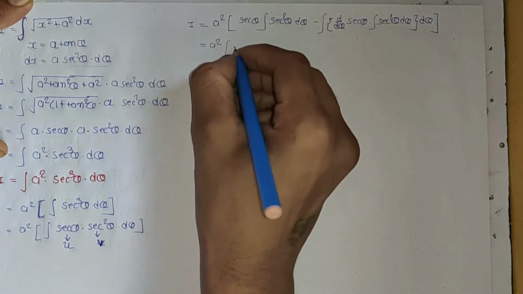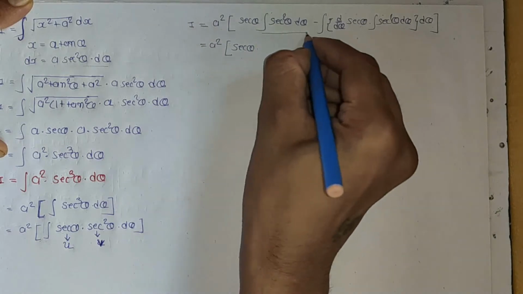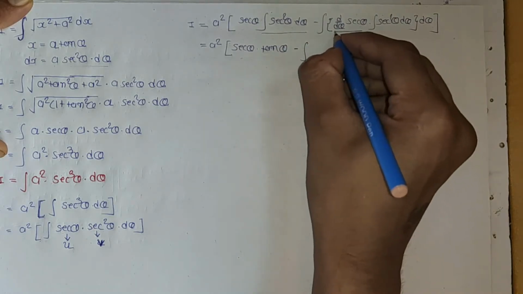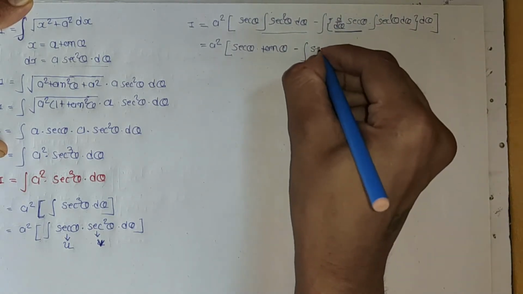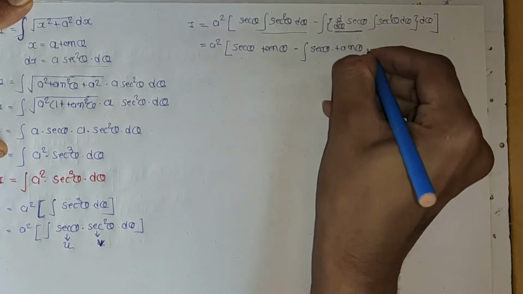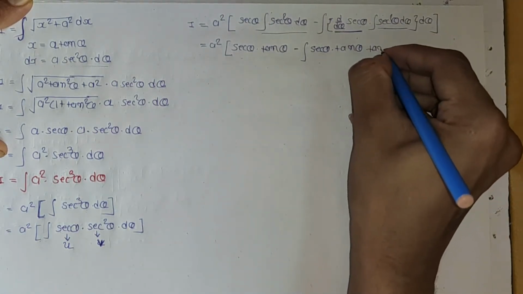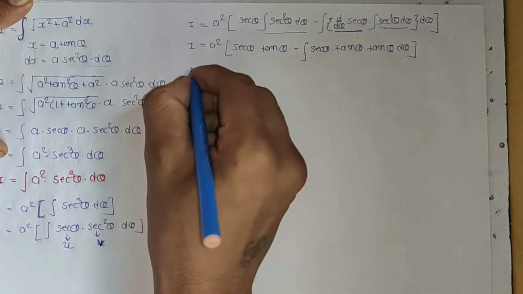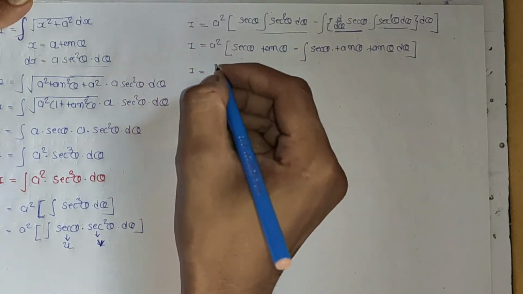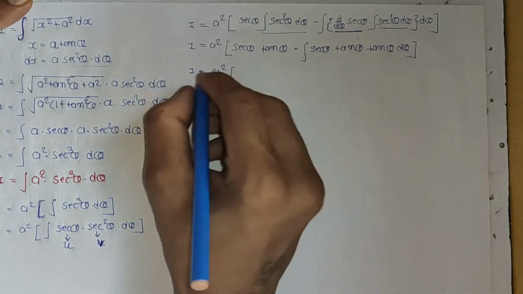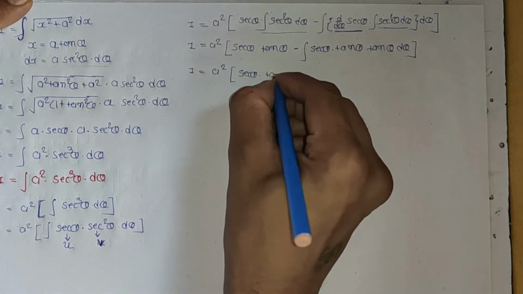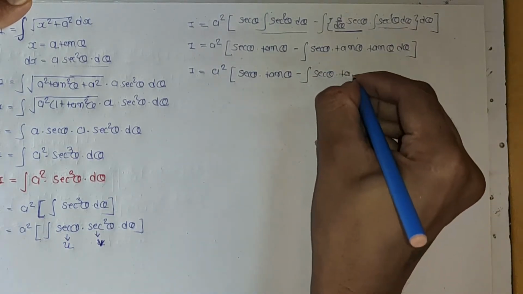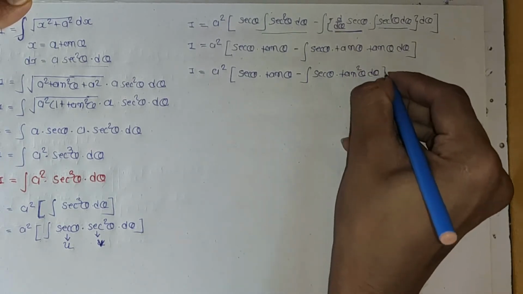A square, here sec theta, this will be tan theta, minus integration, derivative of sec is sec theta tan theta, and this will be tan theta, and here d theta. Close the bracket. I equals a square in the bracket sec theta tan theta minus integration sec theta times tan square theta d theta.